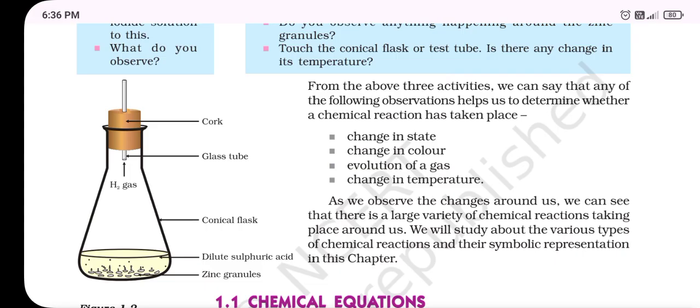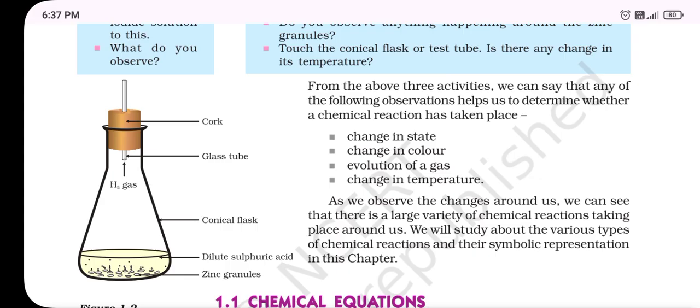In this figure there is a conical flask with dilute sulfuric acid, and zinc granules present at the bottom of the flask. Hydrogen gas goes upward, and there is a glass tube and a cork.